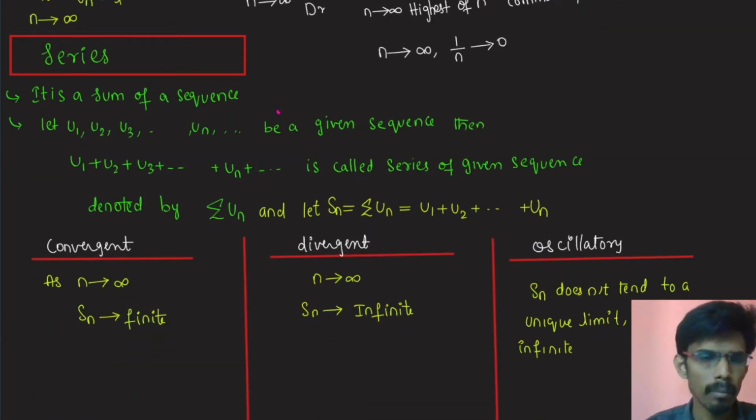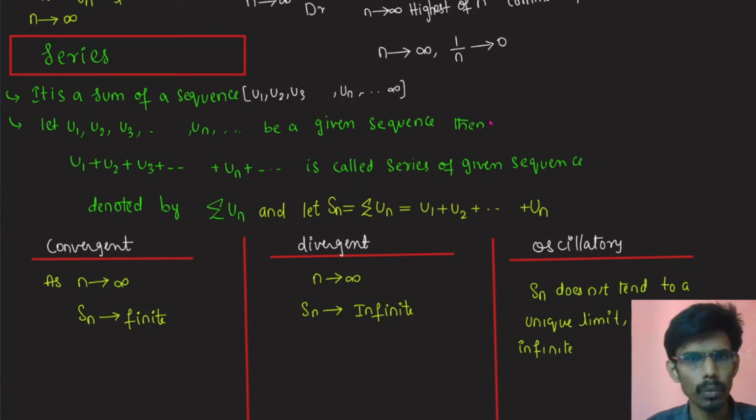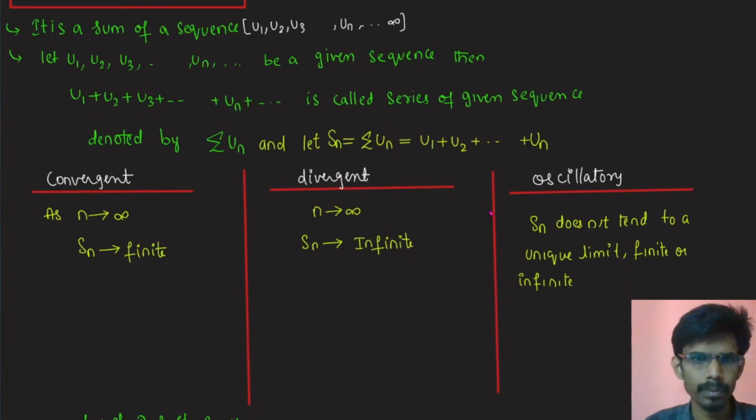Let u1, u2, u3, un be the given sequence, then the sum of all these terms is called the series of the given sequence, denoted by sigma un. And let us suppose Sn equal to sigma un for a finite number of terms. We are adding finite numbers.